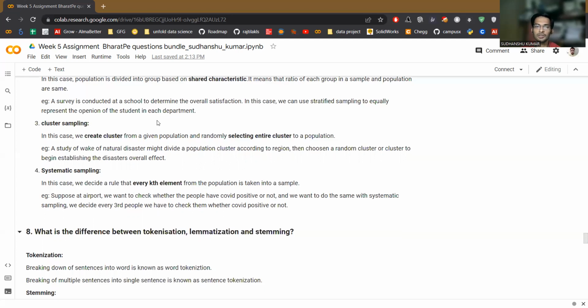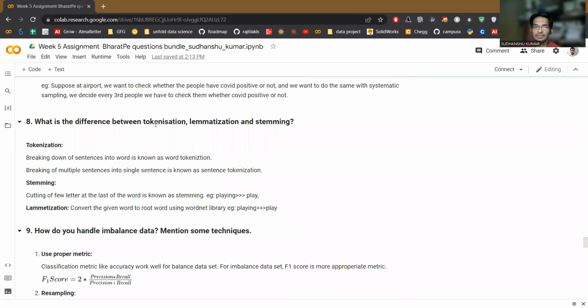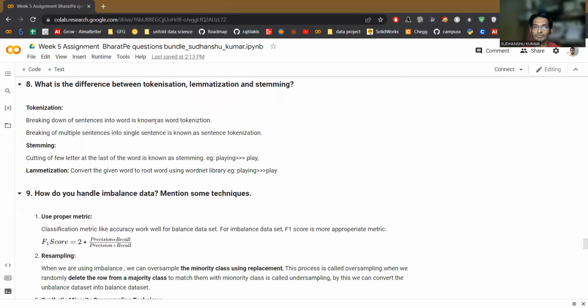What are the differences between tokenization, lemmatization, and stemming? In tokenization, if we consider word tokenization, then breaking down a sentence into words is known as word tokenization. In sentence tokenization, if we have multiple sentences, we have to break them down into single sentences.